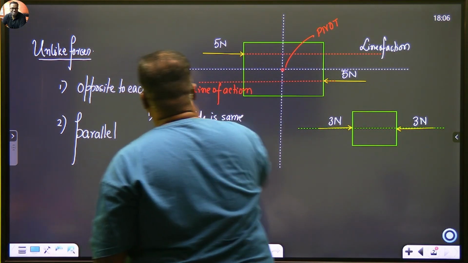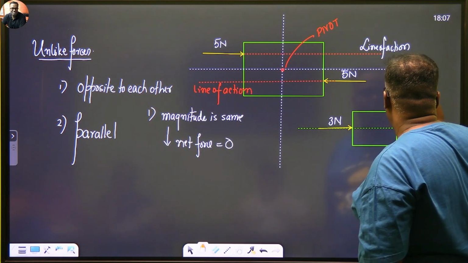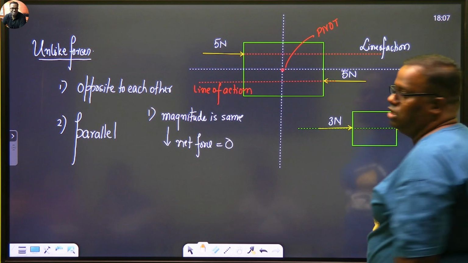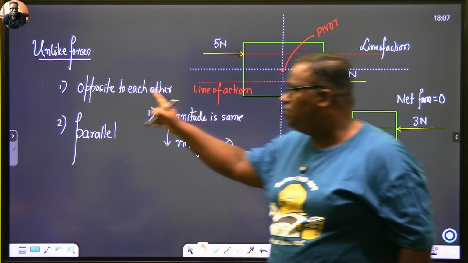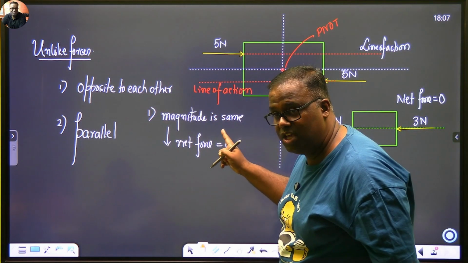Are they opposite to each other? So if somebody tells you, tell me what is the net force out here, what will I say? 0. The next case, are the forces opposite to each other? Is the magnitude same?